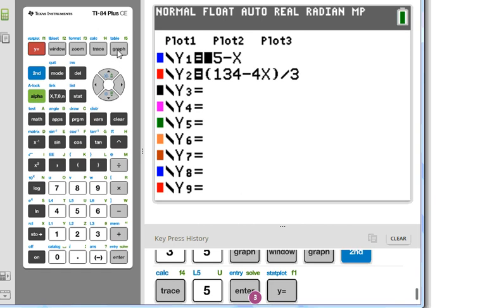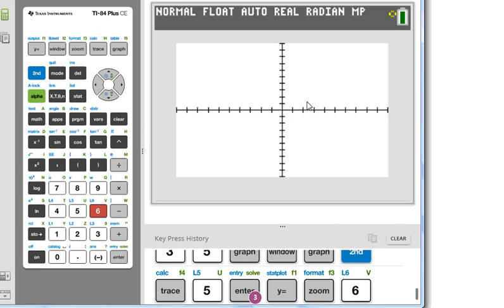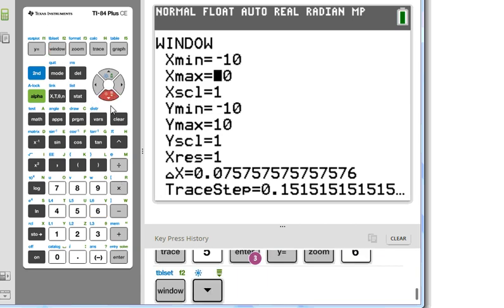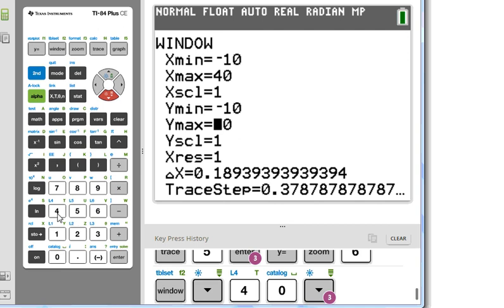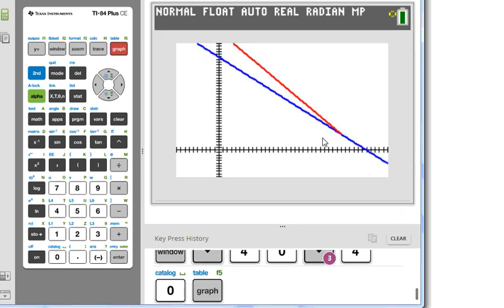And then if you graph this in a calculator, zoom 6, you get this, which you can't see anything, but if you change the window and make your x maximum appropriate, I'm going to put 40 here for my x max and 40 for my y max, and then graph, and we can see the intersection point, which means that we have our solution.